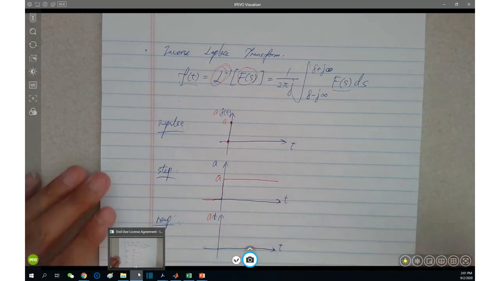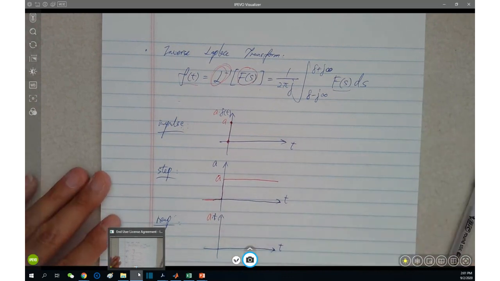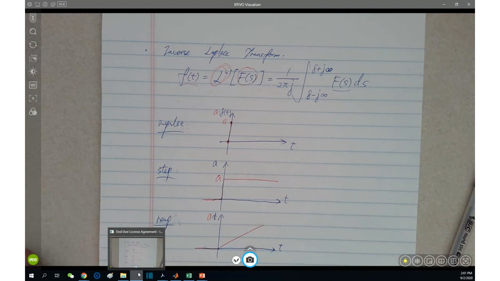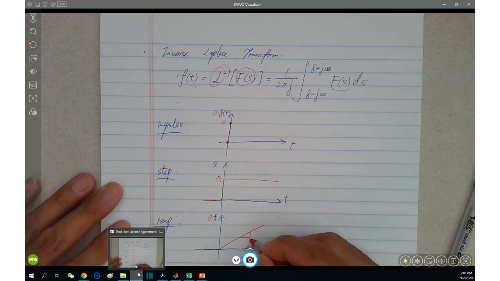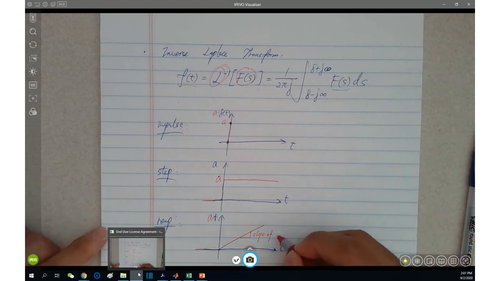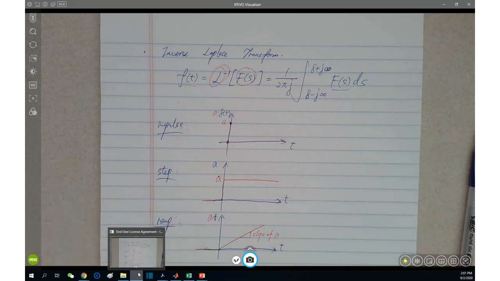Again, before t equals 0 it is 0. From t equals 0 on it is a ramp. What's the slope? A, of course. Slope is a.